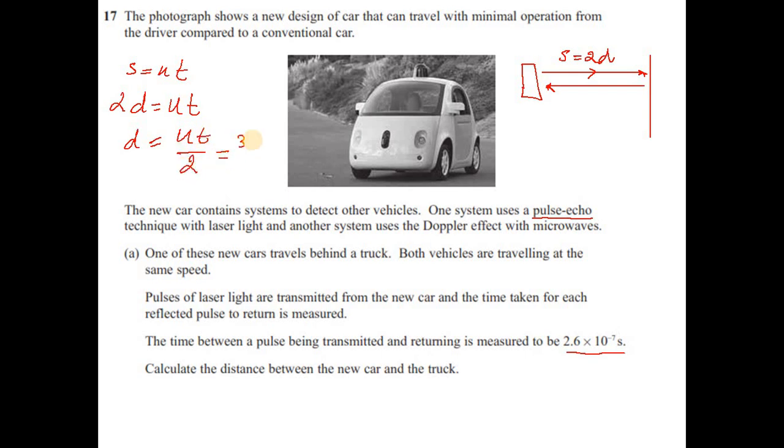So 3 into 10 to the power 8, it's laser light, times T, which is 2.6 into 10 to the power minus 7, divided by 2, and D is 39 meters.